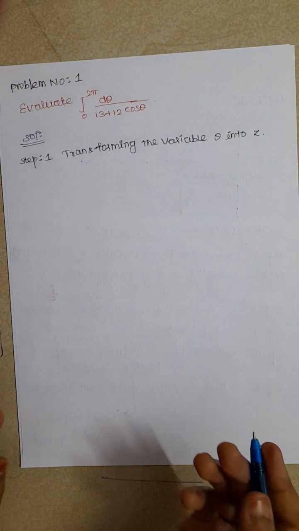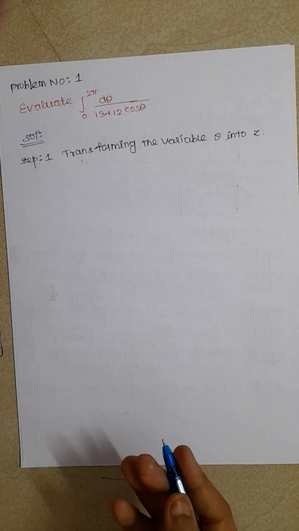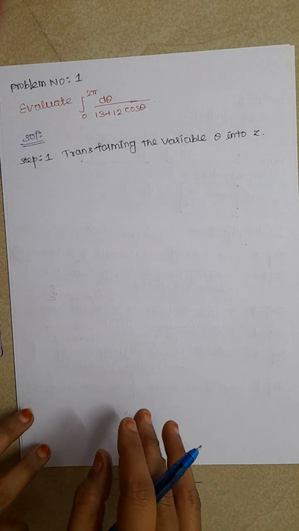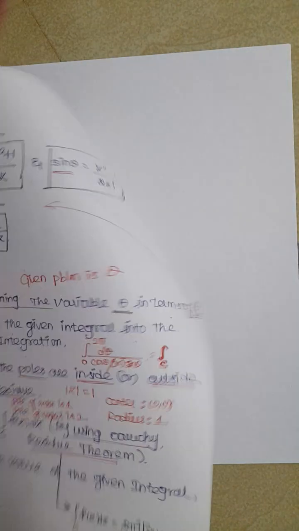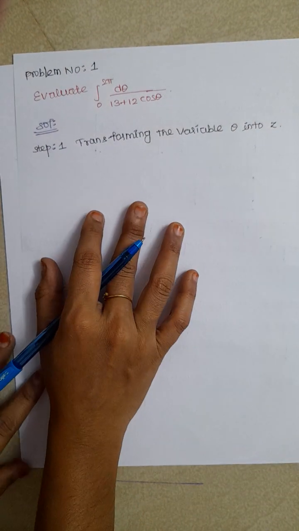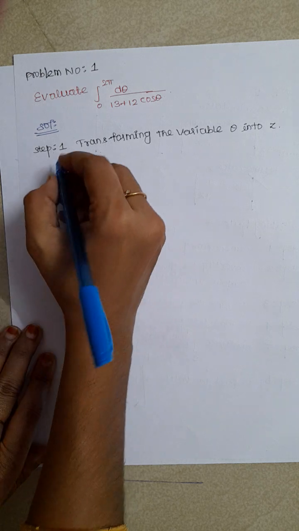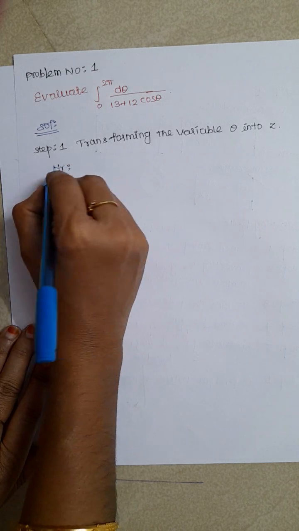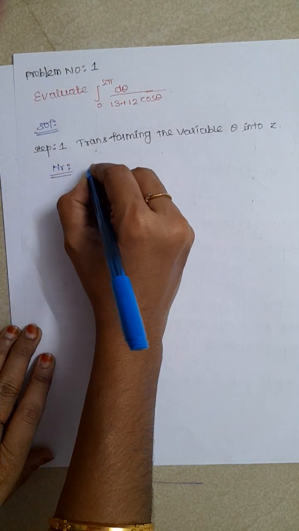So how do we convert the theta terms into z? By using note number 1 and 2. Okay. So in the problem, the numerator is d theta.